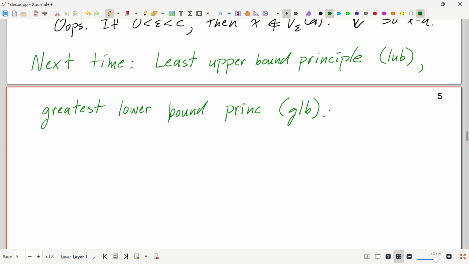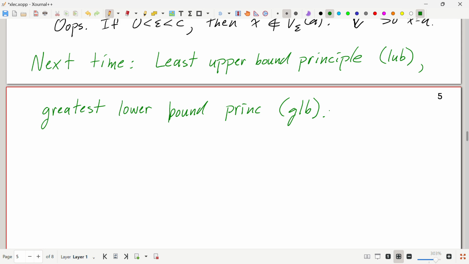Okay, I would call these deep facts about the real numbers, and so they're very foundational facts. They're these two facts. Actually, one implies the other. So my favorite is the LUB principle. They're equivalent.